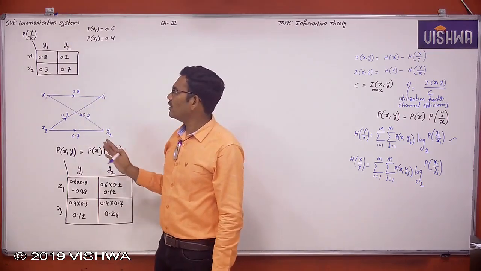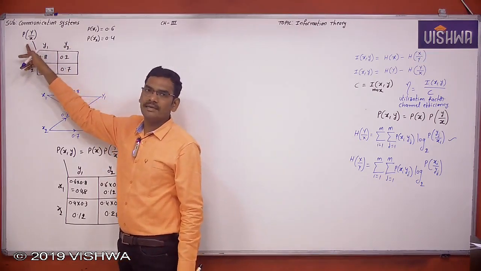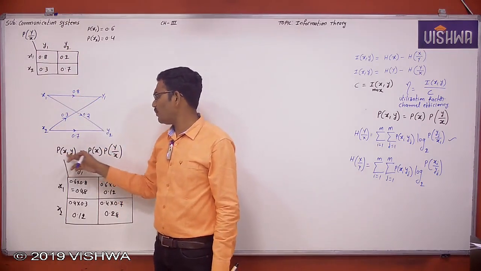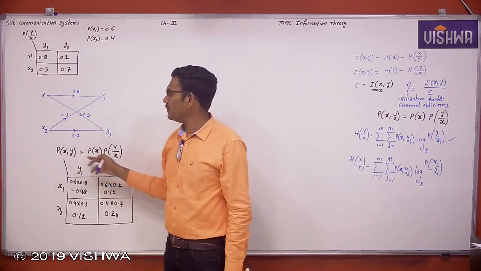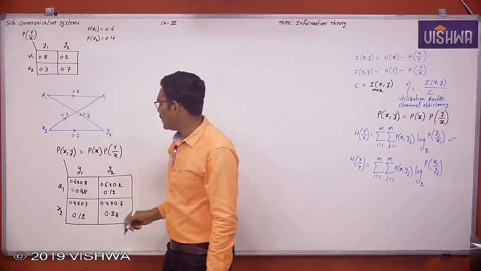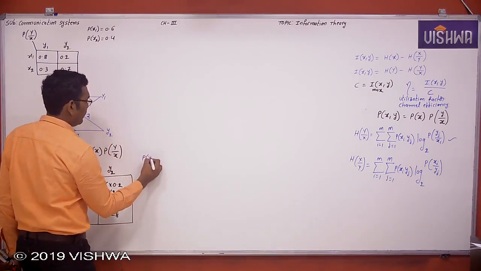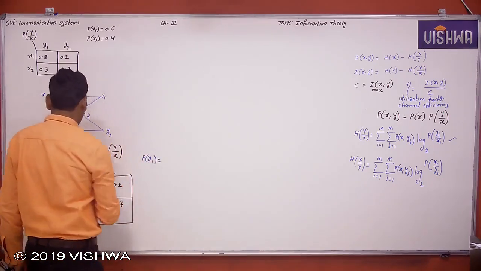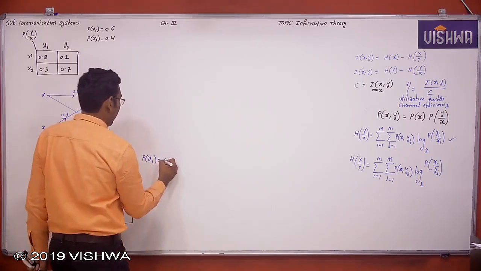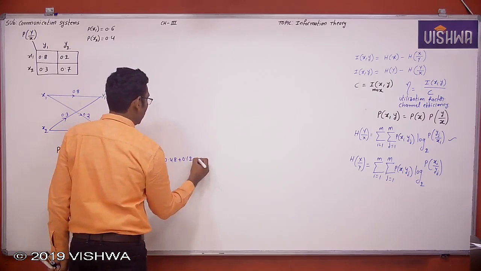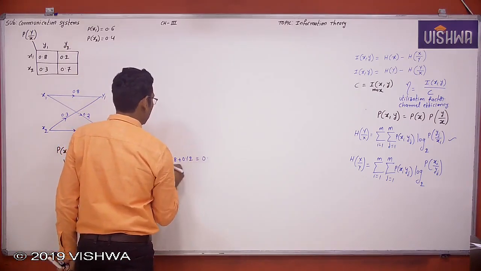The column addition, row addition is not possible in the conditional probability. It is possible only in the joint probability. Okay. So now what is P of Y1? P of Y1 is nothing but 0.48 plus 0.12, which is equal to 0.6.